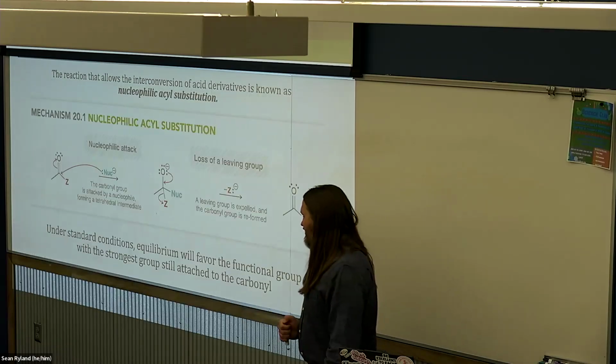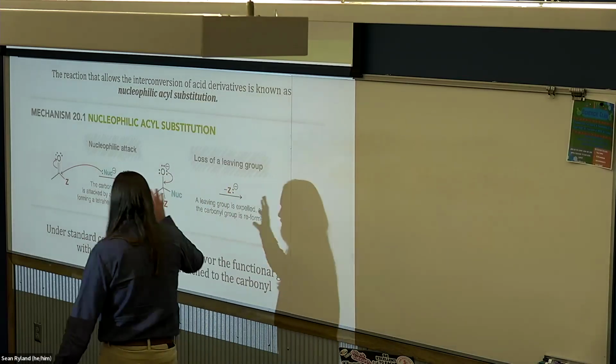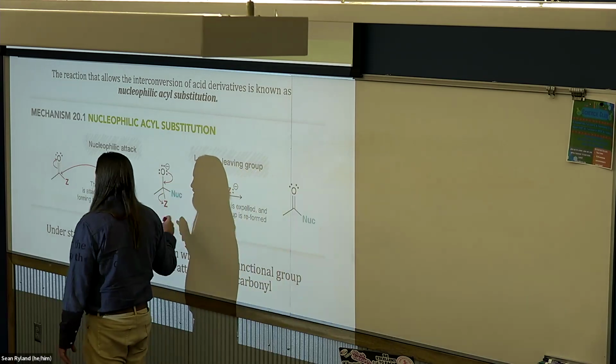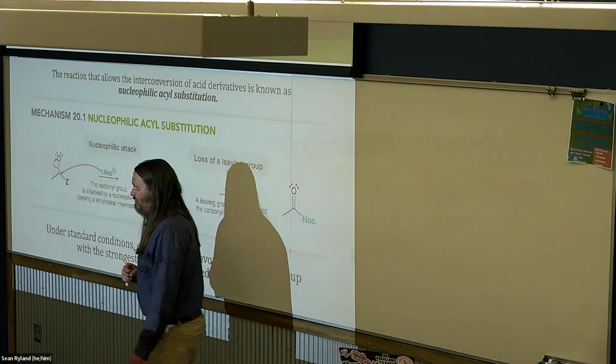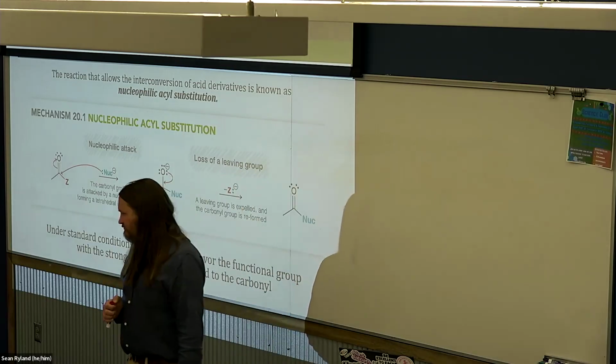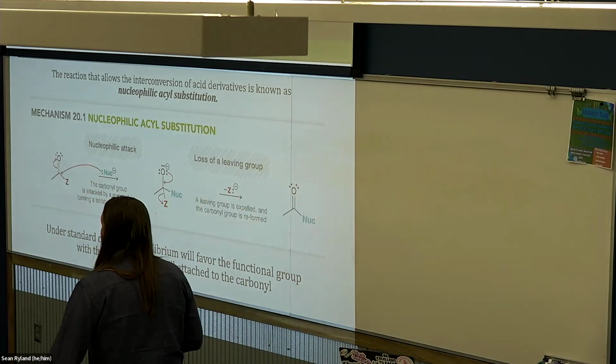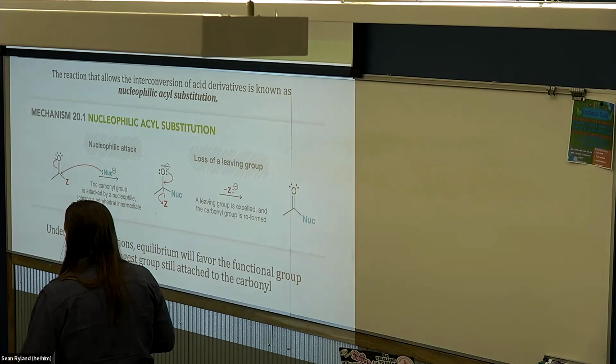All right, so here's our basic mechanism. This is the baseline that everything else is built from. So this is like a basic mechanism for all of the reactivity of acid derivatives.